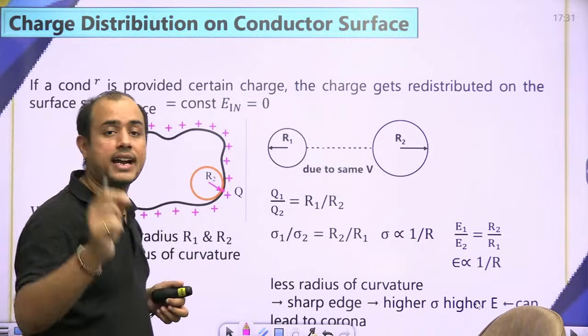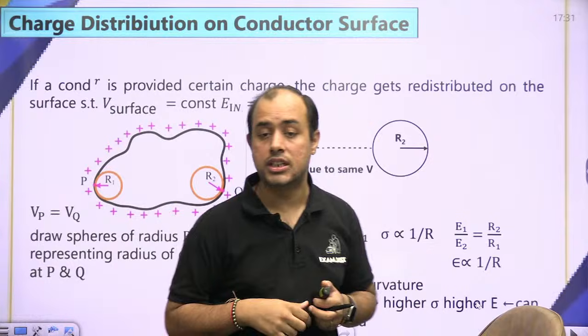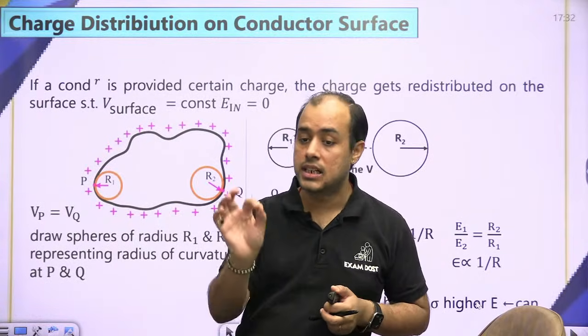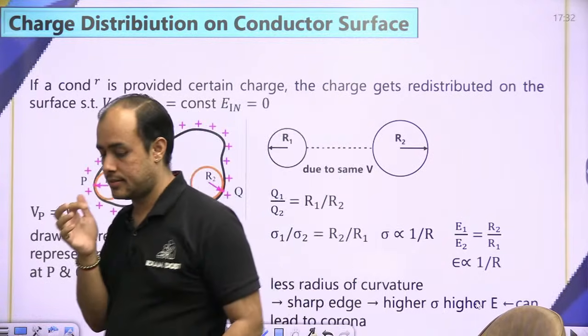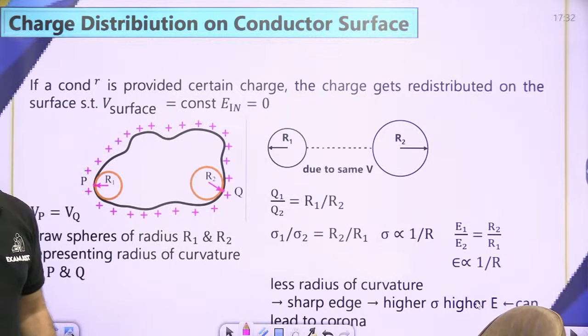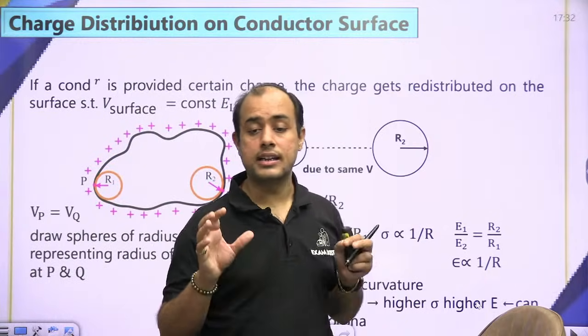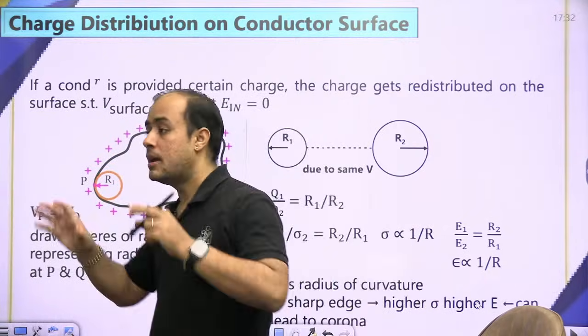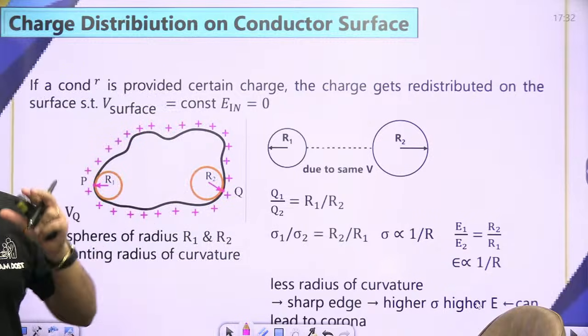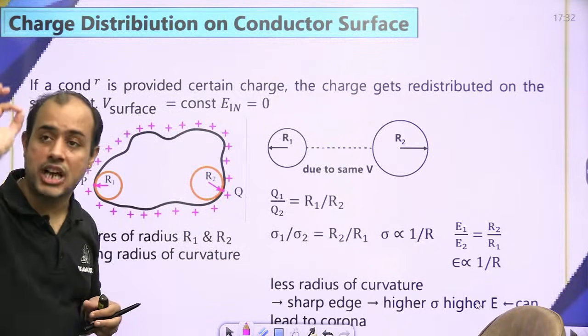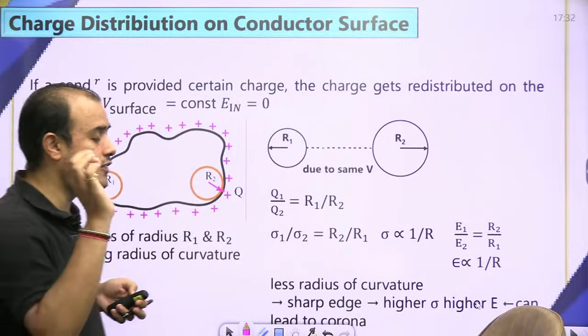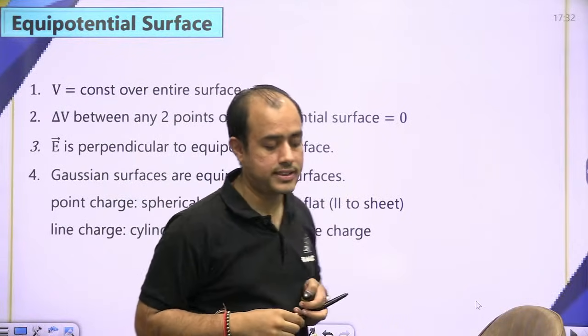That is exactly what I told in the last lecture, that corona is observed at the sharp edges. Okay, beta? So whenever you have a conductor of an arbitrary shape, charge is more concentrated at the sharper edges. The electric field is higher at those points.